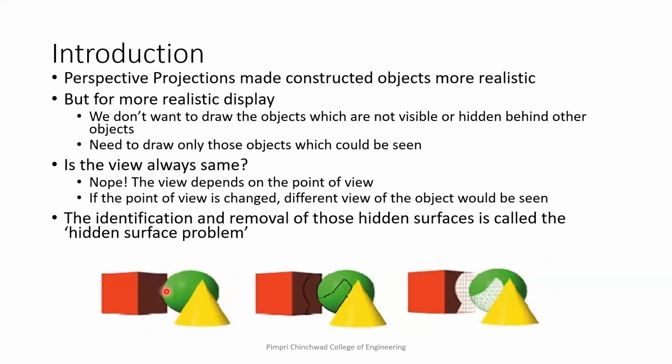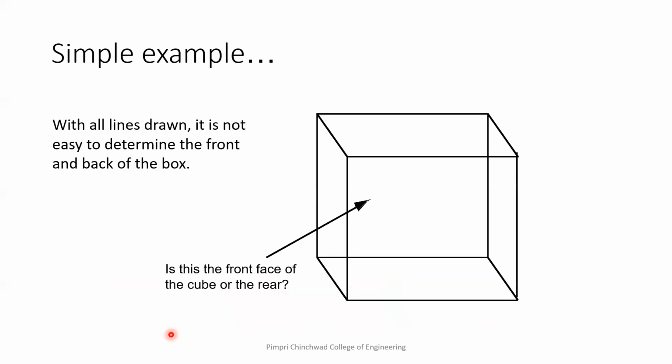This portion of the cube is not visible because it is hidden behind the sphere. Similarly, this portion of the sphere is not visible because it is hidden behind this conic structure. So in this topic, we will learn how to identify such surfaces and how to remove them.